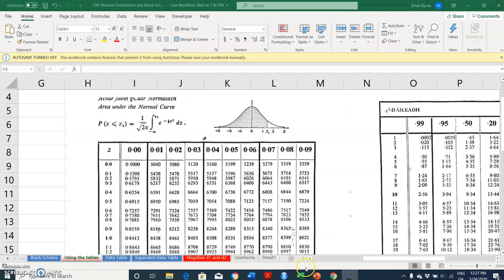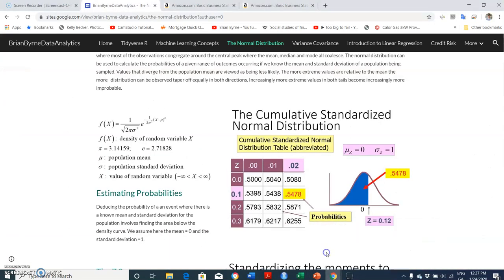So if we go back to where we started, we're reading what's the area under the curve going 0.12 standard deviations away from the mean. If it was from 0, then the area under the curve would be 0.5. So we can demonstrate.